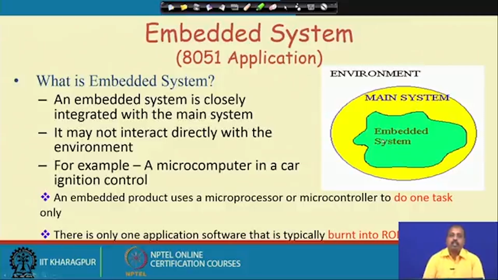For example, the washing machine. The washing machine has interfaces to the outside world. You will see a set of buttons, but internally there are computations, like when the drum is rotated, for how many turns it will be rotated, what will be the temperature, and it will sense the water level and all that. All those are done by the embedded system.